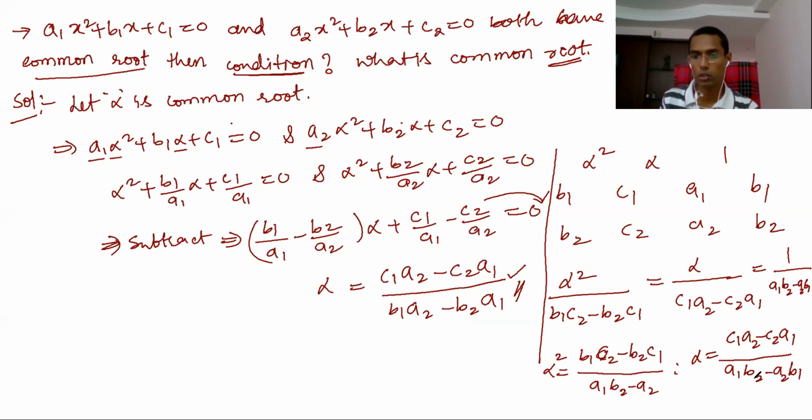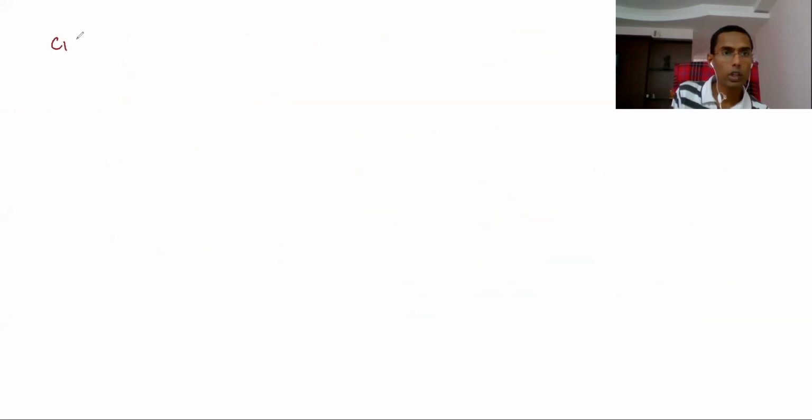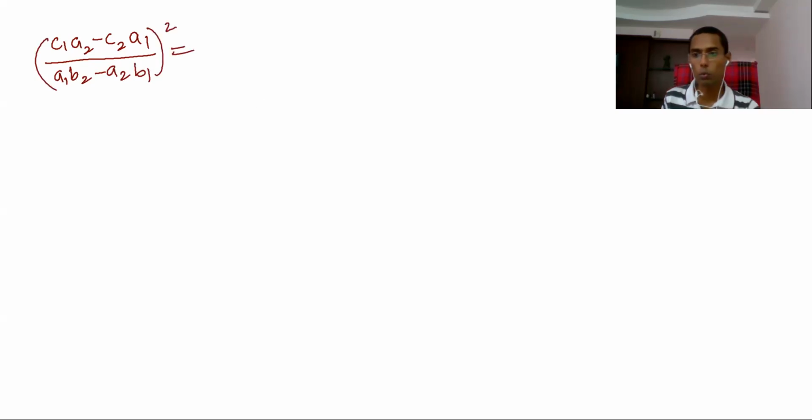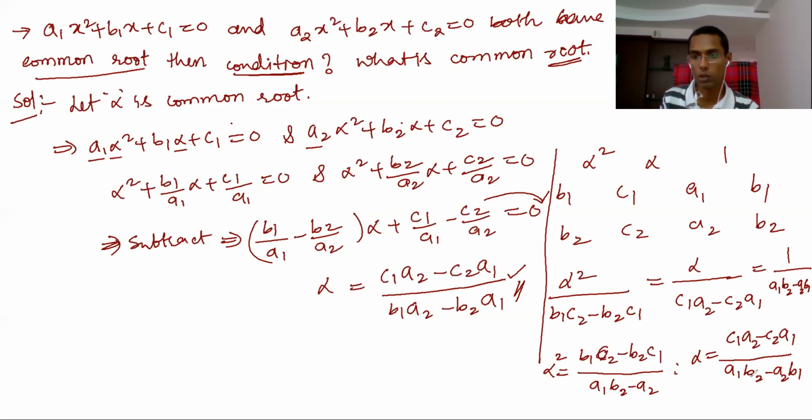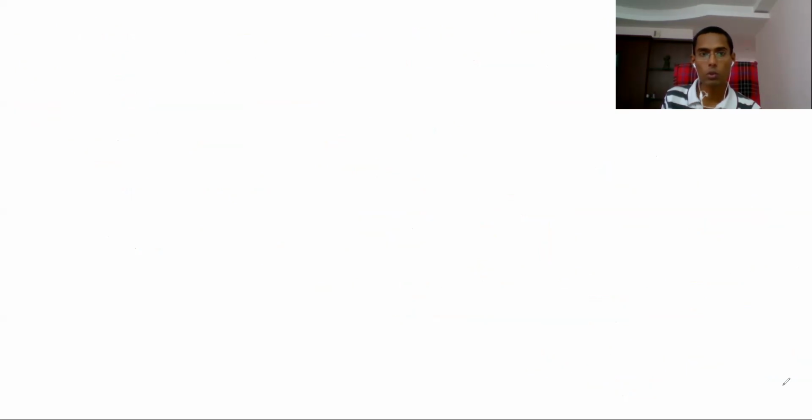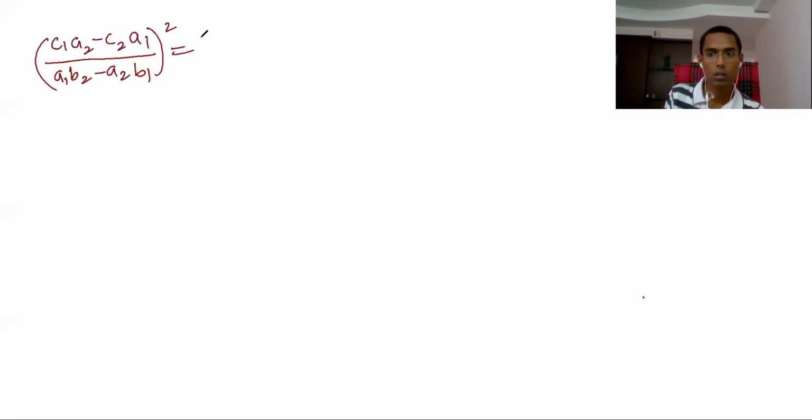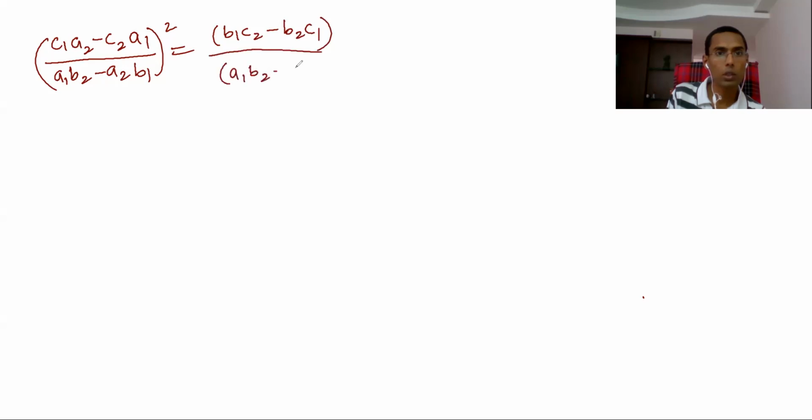This is alpha, c1 a2 minus c2 a1 by a1 b2 minus a2 b1, and its square equals the alpha square value I substituted here, b1 c2 minus b2 c1 by a1 b2 minus a2 b1.